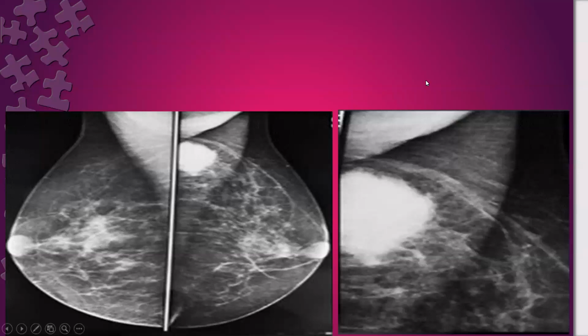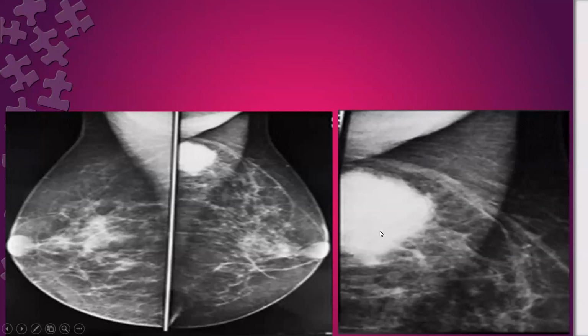Your differential is correct. Here you can see it more. You have a dense spiculated mass in the left axilla. It could be metastatic lymph nodes.